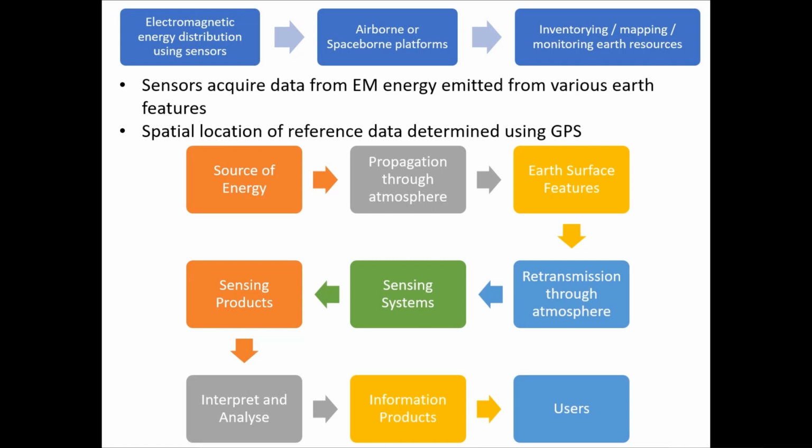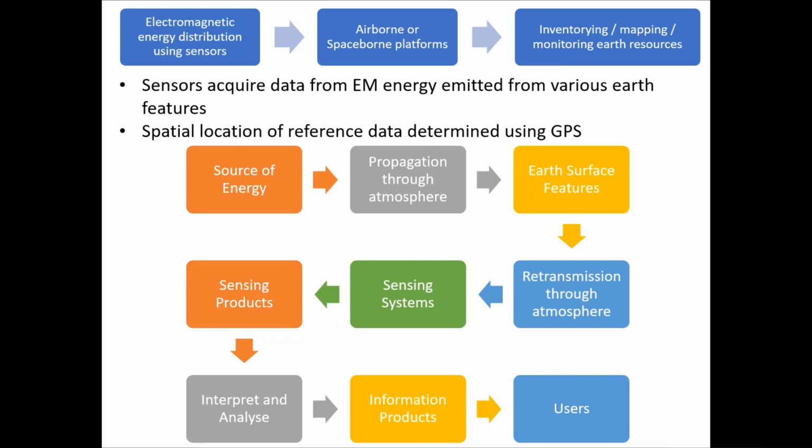So this data is basically collected based on the electromagnetic energy distribution using various sensors which are airborne or spaceborne platforms. Basically, in the case of large scale remote sensing satellite data, there will be airborne or spaceborne platforms, and then the next step will be inventorying, mapping or monitoring these earth resources.